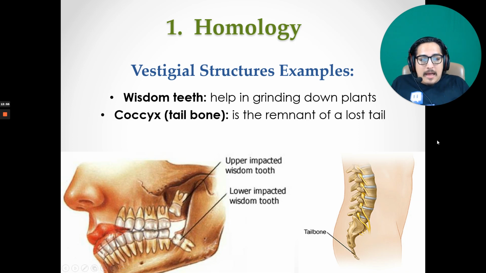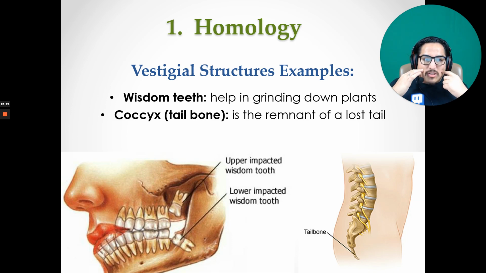Okay, and lastly, vestigial structures, another example, wisdom teeth. We have wisdom teeth that used to help us back in the day when we used to eat a lot of raw meat. I'm talking about humans, like the cavemen, just tearing meat out, and plants.